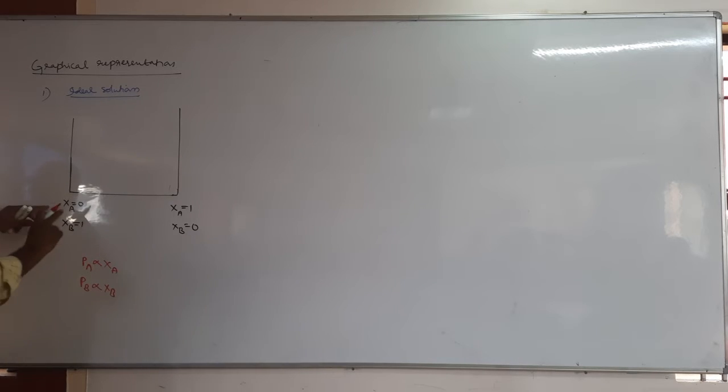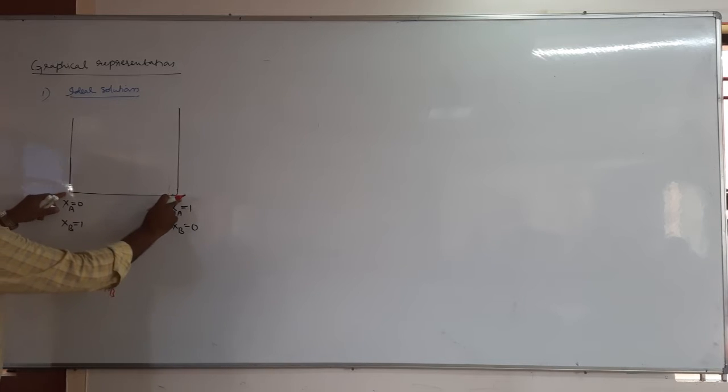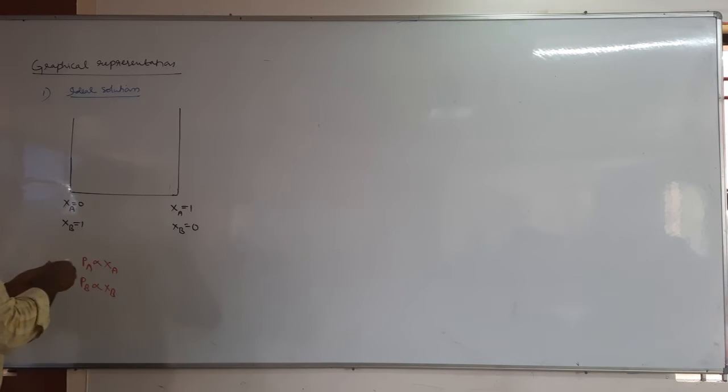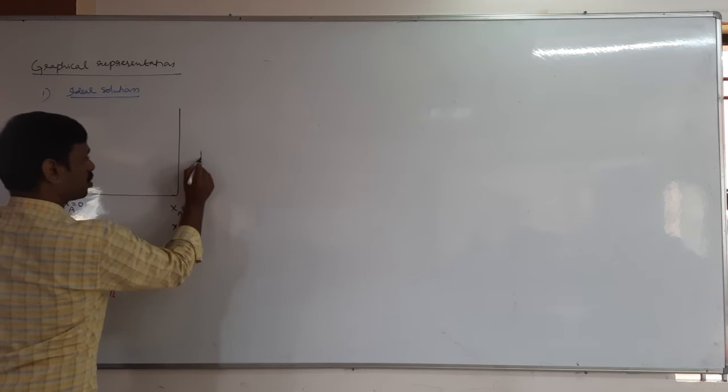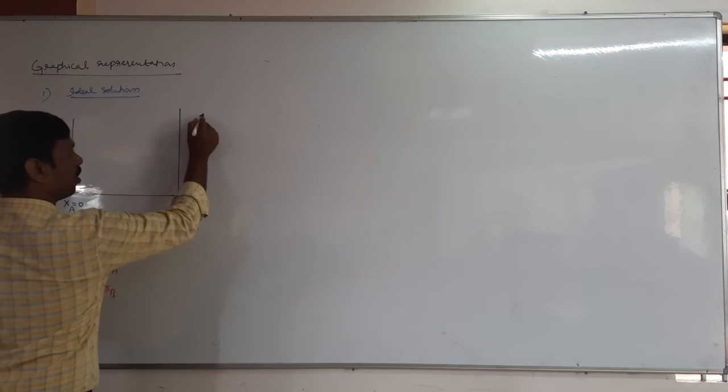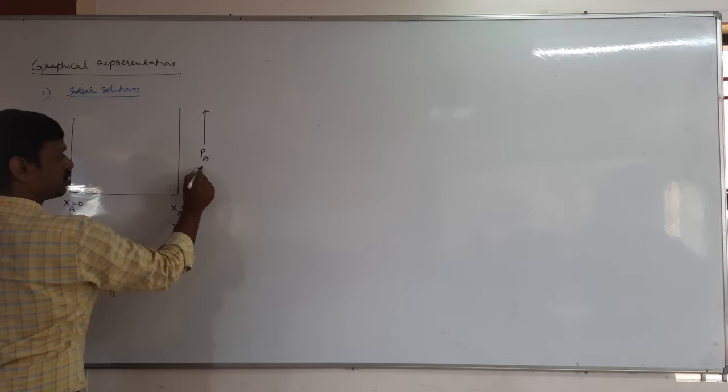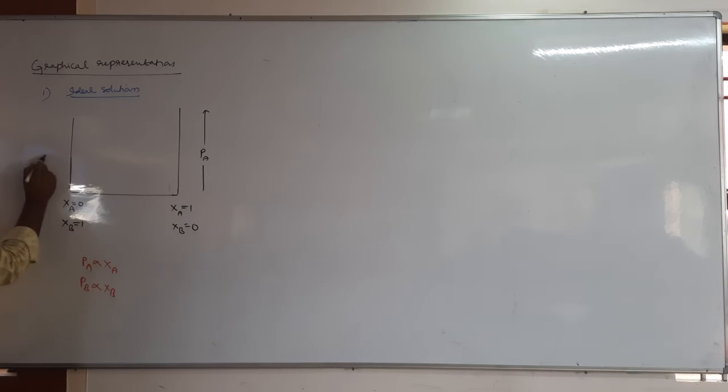Right. Now when XA value 0 here, it means XA value goes on increasing, it becomes 1. So therefore, let us take the partial vapor pressure of component A, PA, on y axis. So here let us take PB, partial vapor pressure of component B.